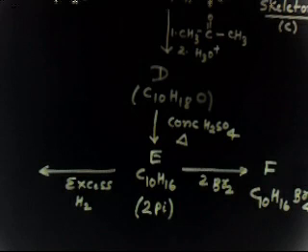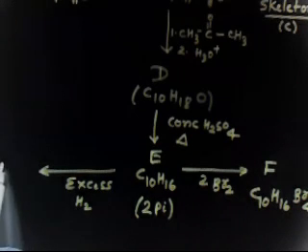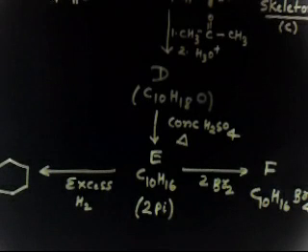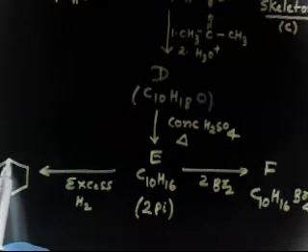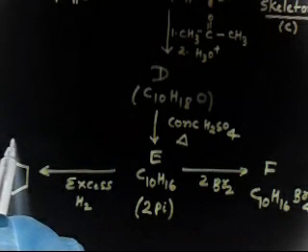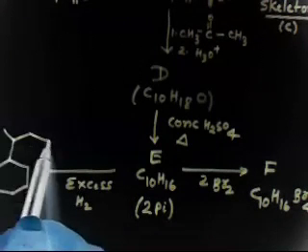So let me write. I have an isobutyl group, so I should have 4 carbons: CH3, CH, CH2, CH3.